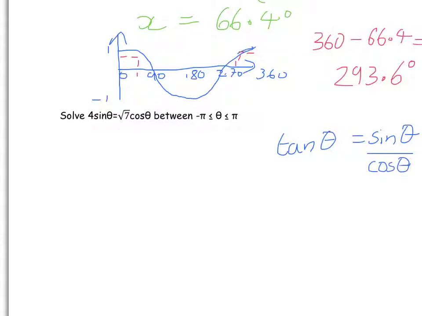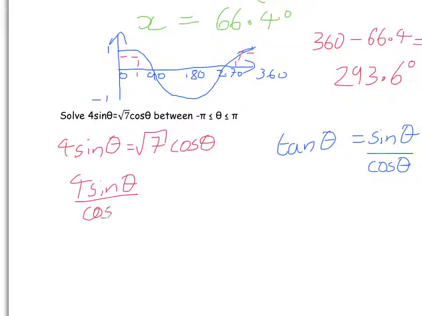So in this question, we need to make sure that we're working in one trigonometric ratio, and this one will be tan. We start off with our equation 4 sine theta equals root 7 cos theta, and we need to divide both sides by cos theta. So we have 4 sine theta divided by cos theta is equal to root 7.